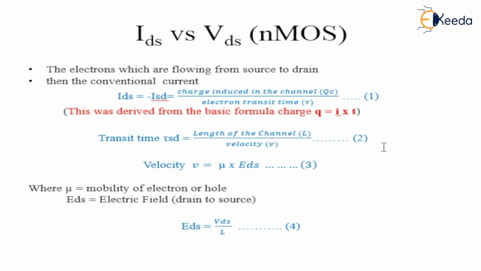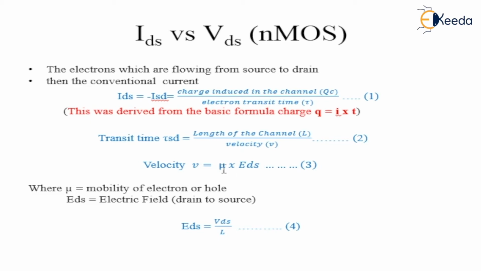Also recollect from electronic devices and circuits, in PN junctions, we studied the mobility of electrons and the mobility of holes. From that point of view, recollect the formula: velocity V is equal to mu into EDS. This is also a basic formula from electronic devices and circuits, PN junction diode mobility.